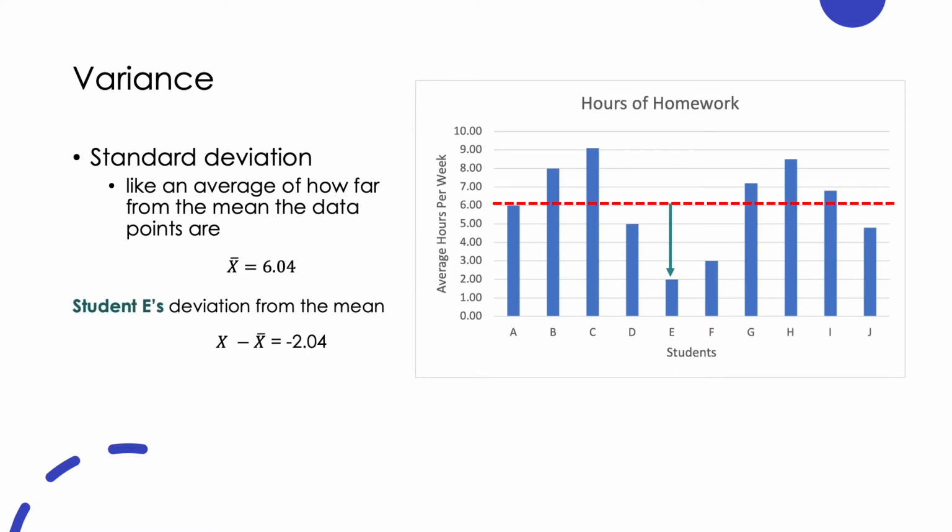For student E, that deviation is negative 0.204. For student G, that deviation is positive 1. So the standard deviation for the group is like the average deviation from the mean. In this case, the mean is 6.04 and the standard deviation is 2.34.